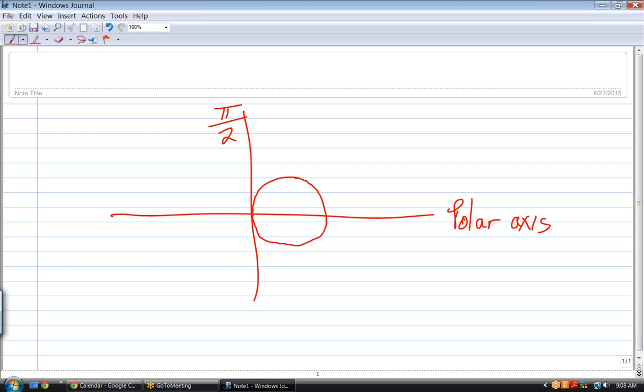The equation for the surface area of such an object, there's two of them. One is the surface area equals 2 pi times the integral from alpha to beta. This is for a pinched torus?